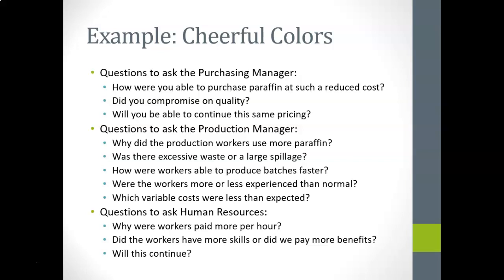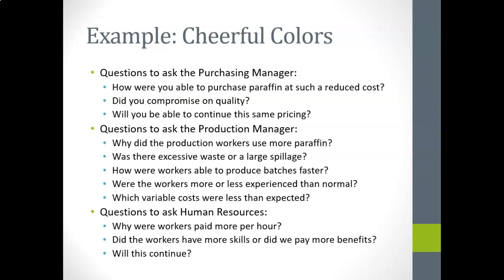Which affects also the variable overhead cost variance, or efficiency variance. So the production manager is who we're going to go to for direct materials efficiency variance, direct labor efficiency variance, and the variable overhead efficiency variance if direct labor hours in particular is used. Okay?